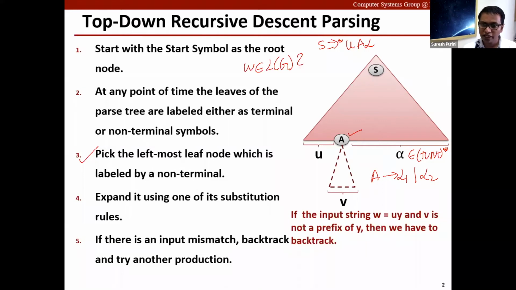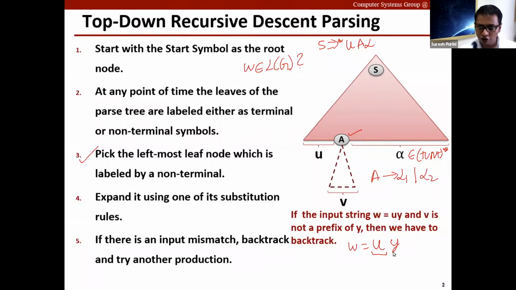So when do we say it leads to a failure? From A, if we generate a terminal string V, and V is not a prefix of the rest of the input which the parser has to consume. Remember, we are parsing, so we are trying to check whether W, the input string, is a valid string described by the context-free grammar. So far we are able to generate the prefix U, and Y is the suffix that we want to generate.